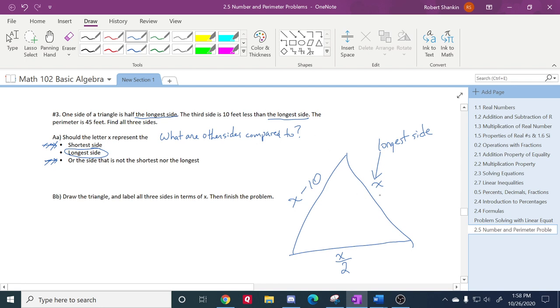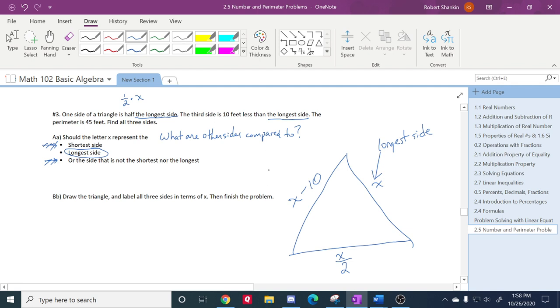Some other people might have said, for this part, 1/2 of. Half is the same as 1/2. There's an implied "of," which means multiplication. And then the longest side, which is x. So somebody else might have written it as 1/2 times x. But that is the same as x over 2.